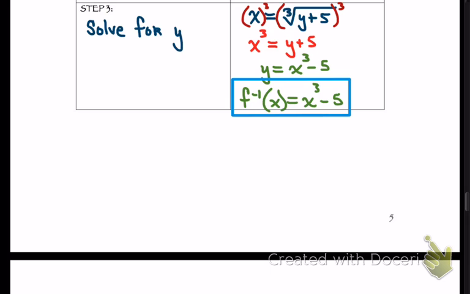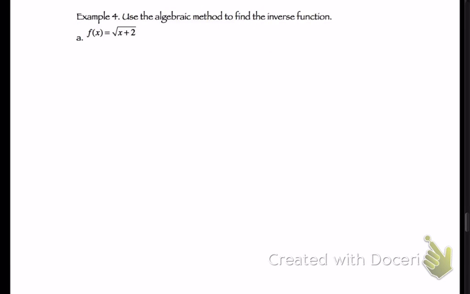Okay, so let's try another one. I asked you to use the algebraic method, so I want you to practice using your algebra skills to find the inverse of this function. Again, first step, determine if it is actually one-to-one. I'm thinking it's the square root parent function.